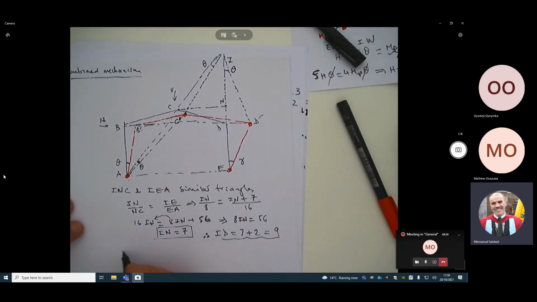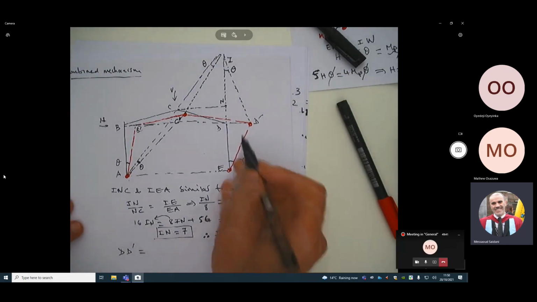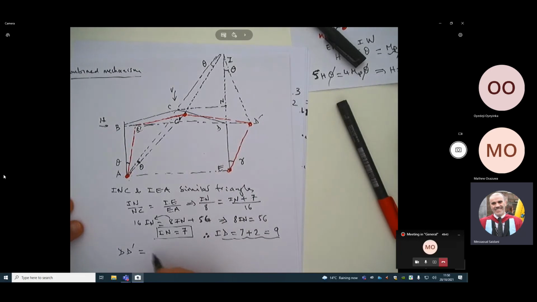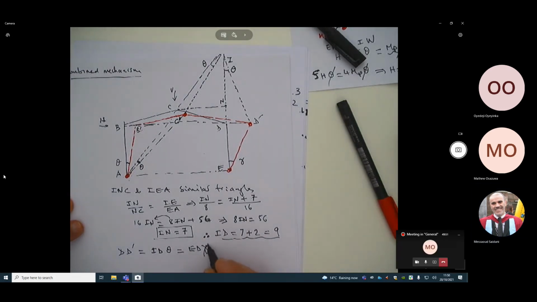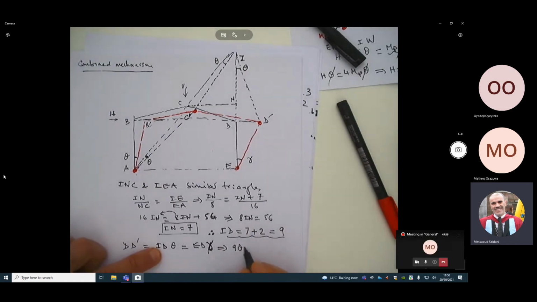Then we say that this displacement DD dash is ID times theta or ED times gamma. ID is 9, so we have 9 theta equals ED, which is 5, times gamma.